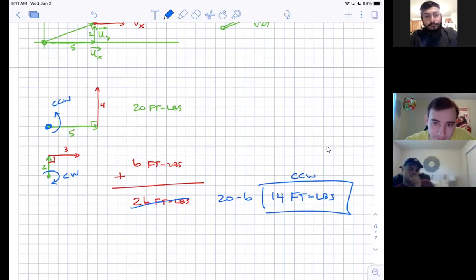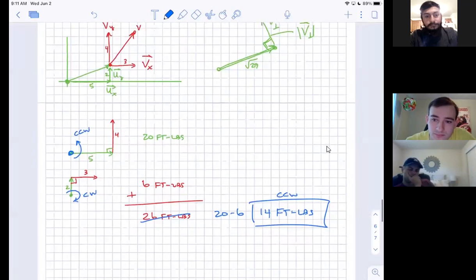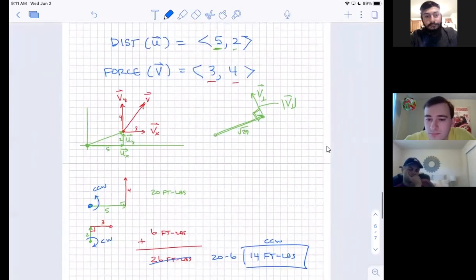You are a mathematician, and so you understand we have a sign addressed to those two types of rotation. But it's kind of cool just to write counterclockwise because then everybody understands it, even non-math people. So these actually worked against each other. Now I want you to stare at these two vectors up here. 5, 2, 3, 4.